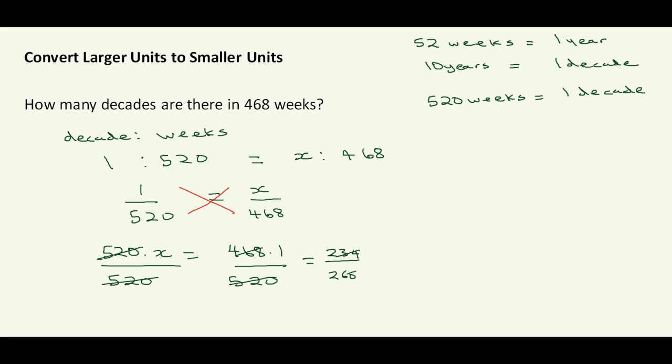We go further again. We have 117 divided by 130, and then now we can divide by 13. This is 9/10. Or you can also say this is 0.9. So therefore, 468 weeks is equal to 0.9 decades. This is actually going from a smaller to a larger unit.